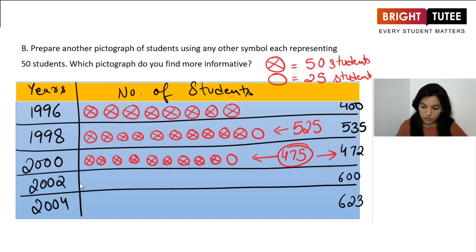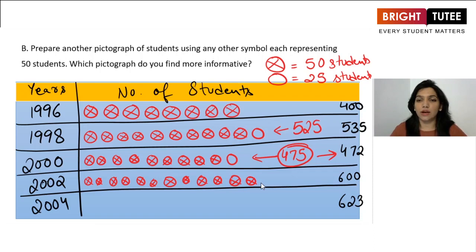Now the next one is 2002. That has got 600. So clearly we can draw 600 here. So it is 100, then we have got 200, 300, 400, 500, and finally 600. Okay, so how many have we drawn? 1, 2, 3, 4, 5, 6, 7, 8, 9, 10, 11, 12. 12 such symbols to represent 600, because each of them is representing 50 students, right?